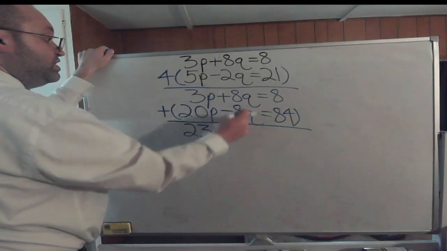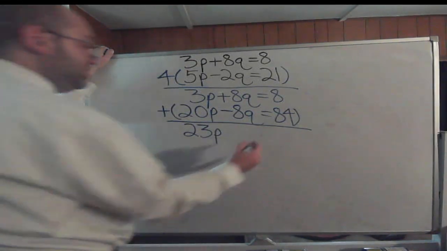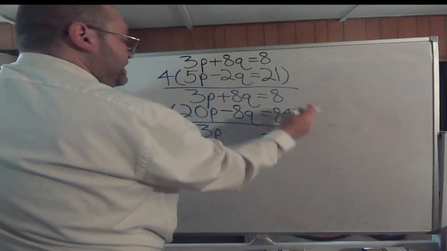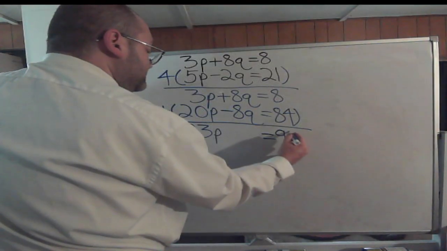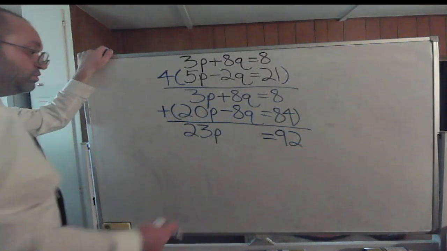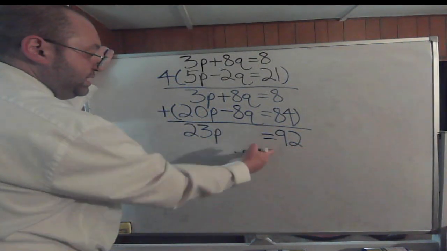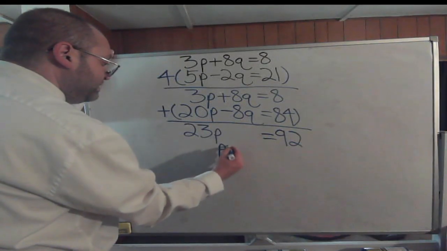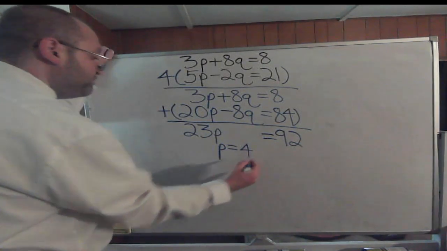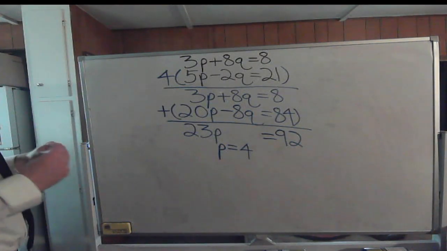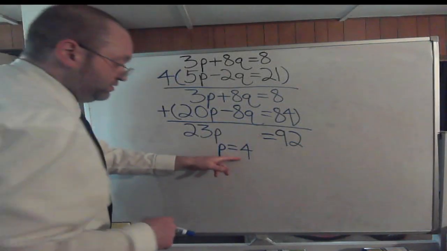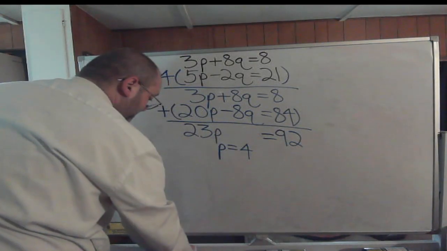Then you have 8q minus 8q, which is 0. That's going to be equal to 8 plus 84, that's 92. So 23p equals 92, that means p equals 4. So the p coordinate of the solution is going to be 4.